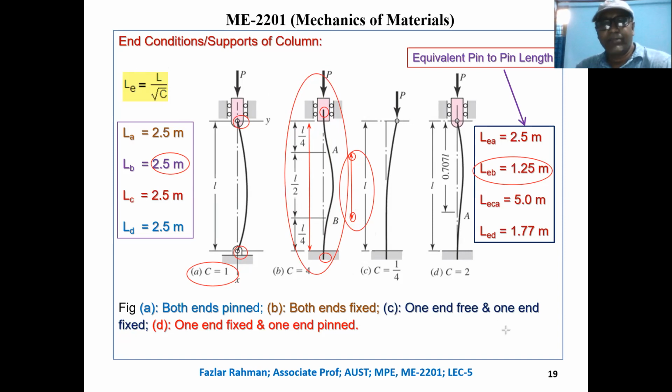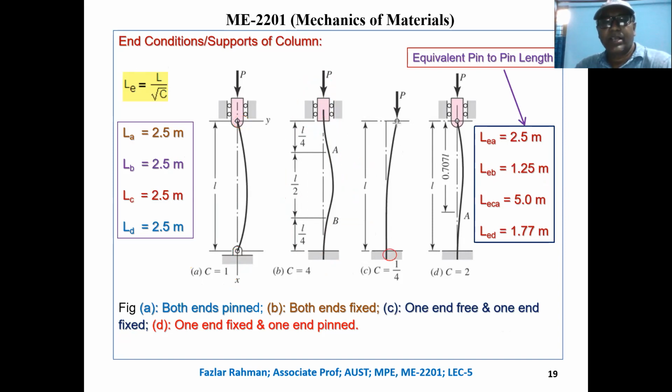Similarly, if you have a one end fixed and one end free column, then this length is L, right? But it will behave like a long column, that means a long pin-to-pin column. If this length is 2.5, and this one I drew with the red line is 5 meters, both will carry the same load.